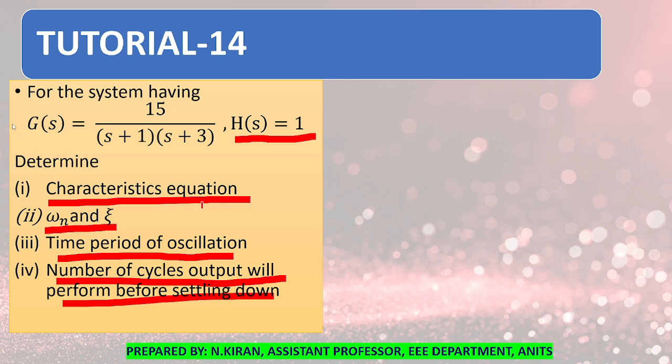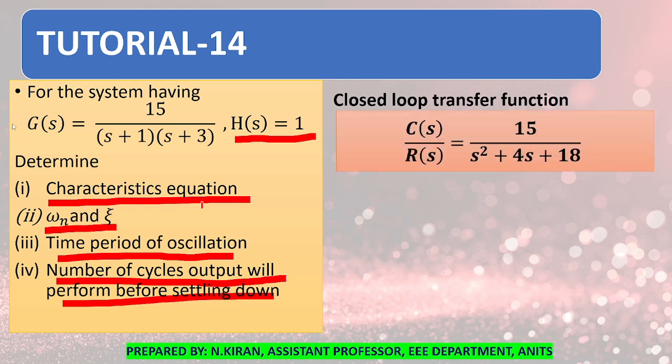So we know the formula for characteristic equation, that is 1 plus G of s into H of s is equal to 0. Before that, we need to first find the closed loop transfer function G of s by 1 plus G of s into H of s, which will give me 15 by s square plus 4s plus 18. This is not in the standard form, so we need to consider omega n square as 18 only.